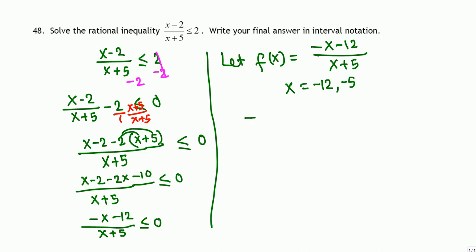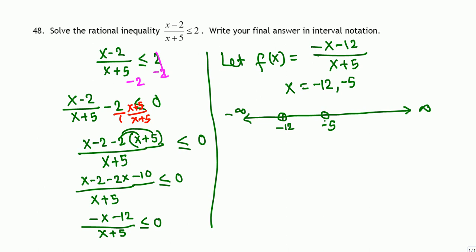Now we locate them on the number line: −12 and −5. This is less than or equal to, so we need to use a bracket. But −5 is coming from the bottom, so it must be open.